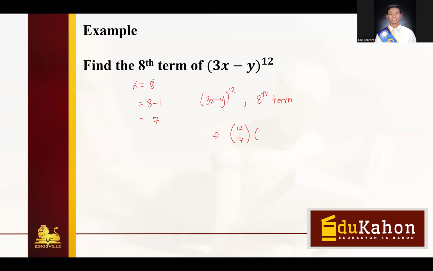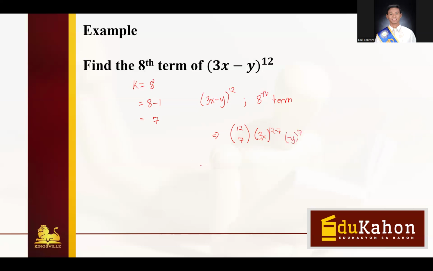And we have here the value of your x, which is 3x, raised to 12 minus 7, okay, times the value of your y, which is negative y, raised to 7.